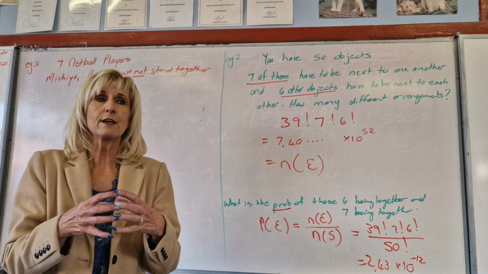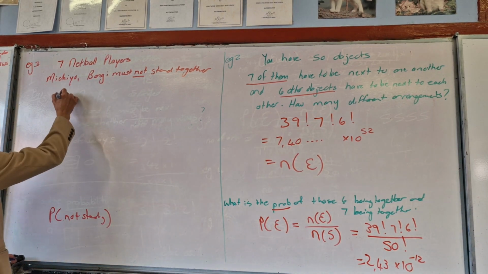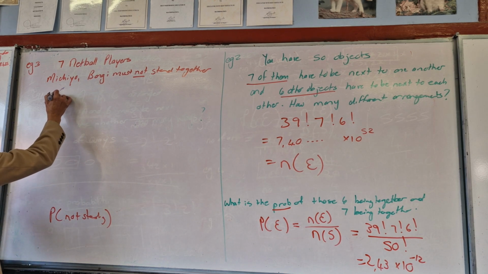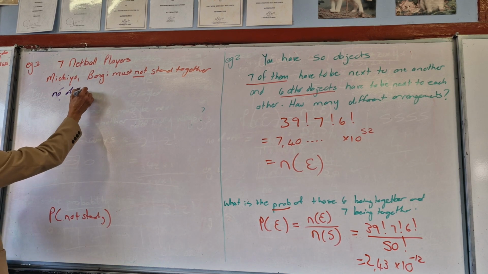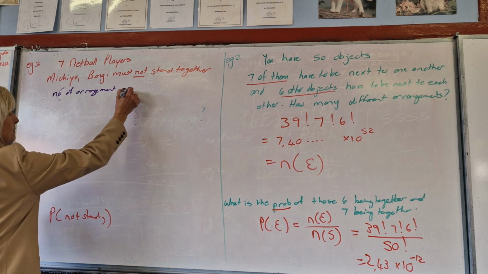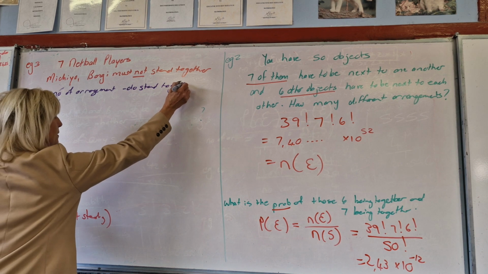All right. So if I say that the probability of them standing together, let's have the number of arrangements so that they do stand together is the sums that we're busy with.